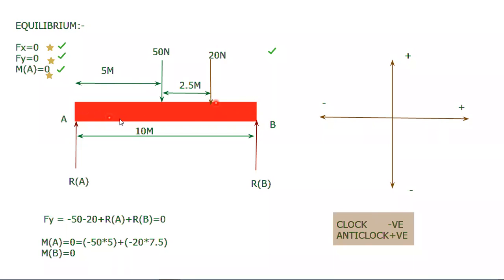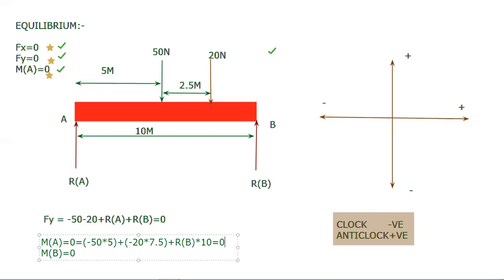RB is in anti-clockwise direction about point A. RB is going upwards, so it is making an anti-clockwise movement. You can see here, anti-clockwise. Its direction is anti-clockwise about point A. So therefore, it will have a positive sign. So plus RB multiplied by its distance, which is 10 meter from point A. Okay, so now the equation is complete and is equal to 0.